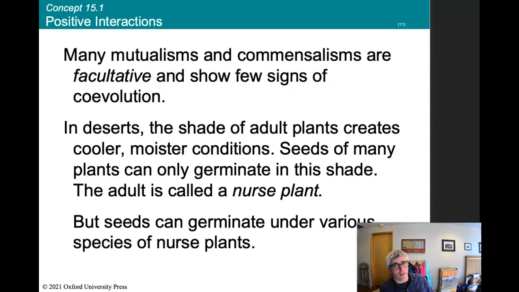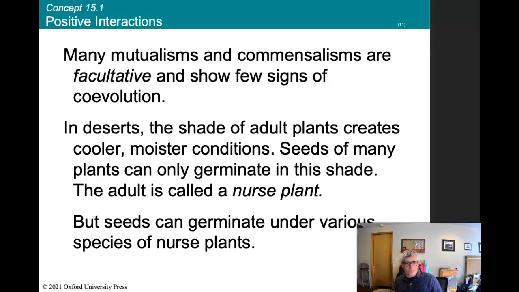Now, you can think of that as a commensal relationship where the large tree or plant that's providing that shade is not being hurt by all the other plants growing underneath it. You could also argue that there's a cost, meaning having a bunch of plants grow under you, you're competing for water and nutrients as well. And so here they're considering that a commensal relationship where clearly the understory plants, the individuals in the nursery situation, are getting benefit.